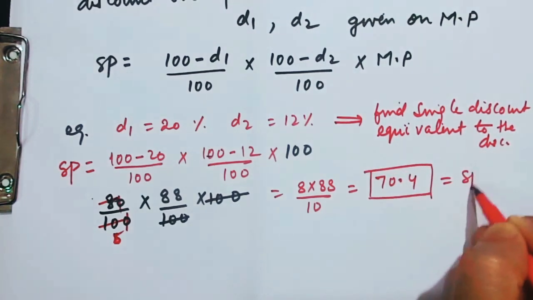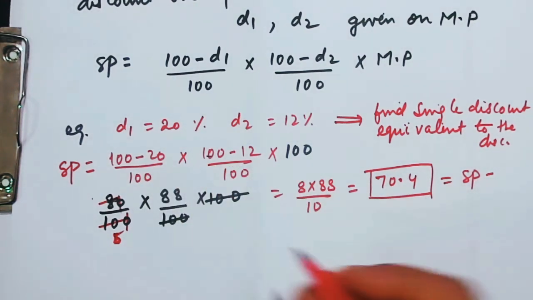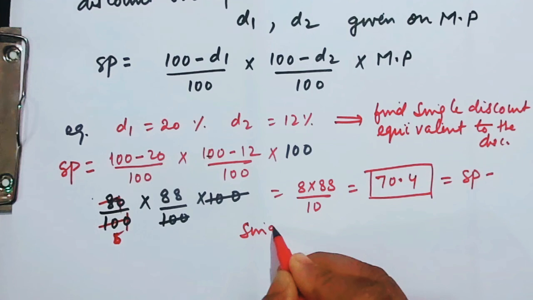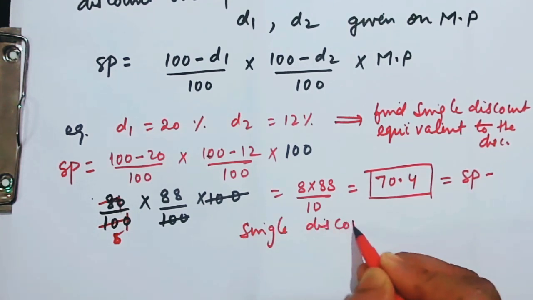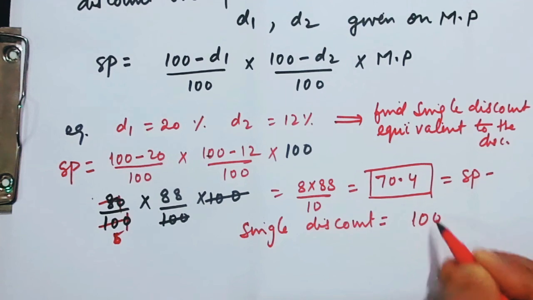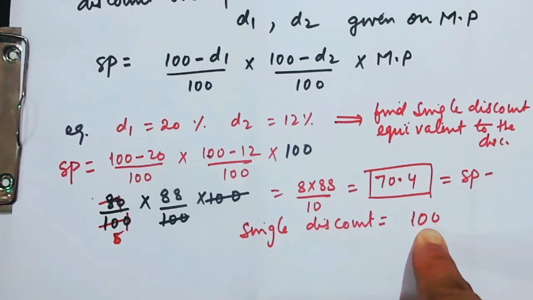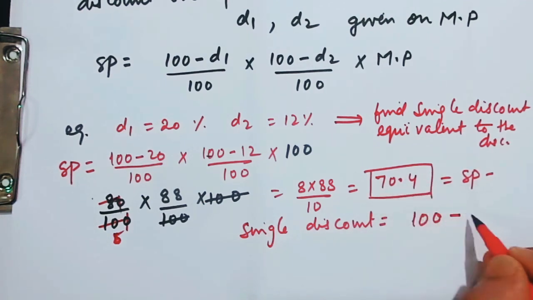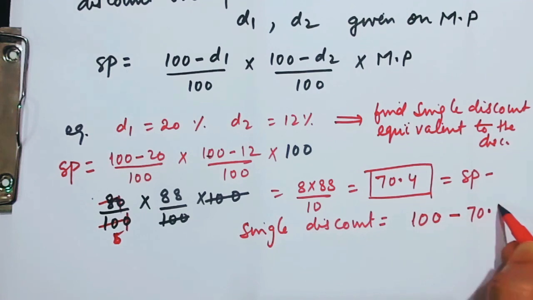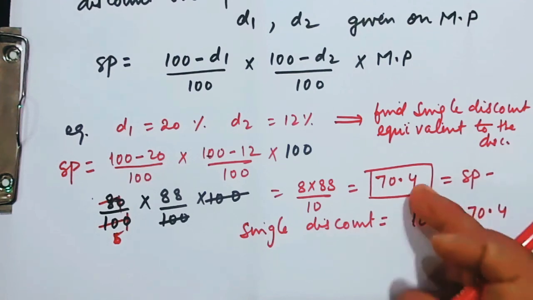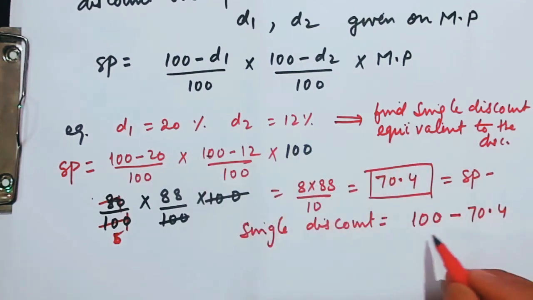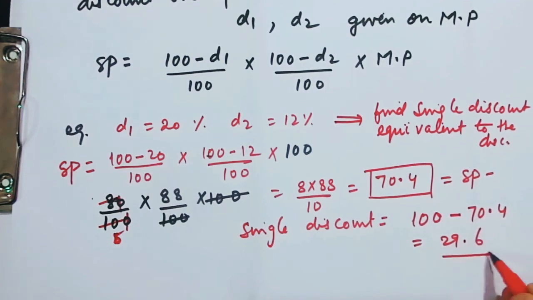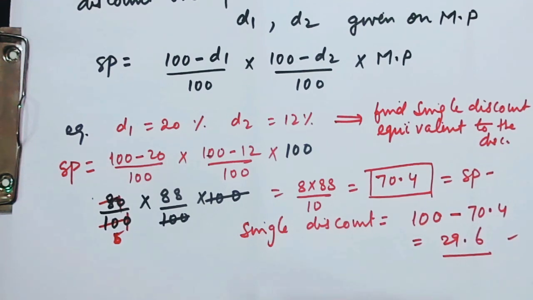This 70.4 is the selling price on giving 2 discounts. So the single discount will be equal to how much? Single discount should be 100, that is the marked price, minus 70.4, that is 100 minus the value you got after giving 2 discounts, which equals 29.6. This is your single discount, equivalent to D1 and D2.